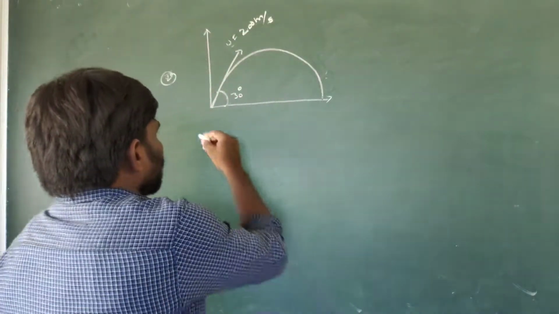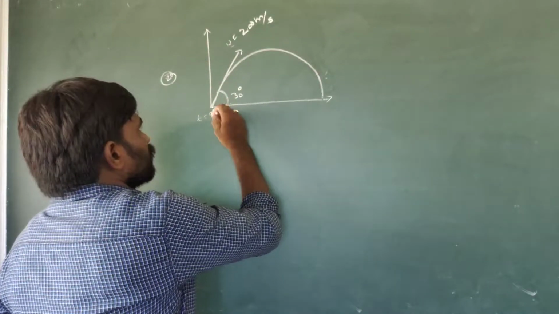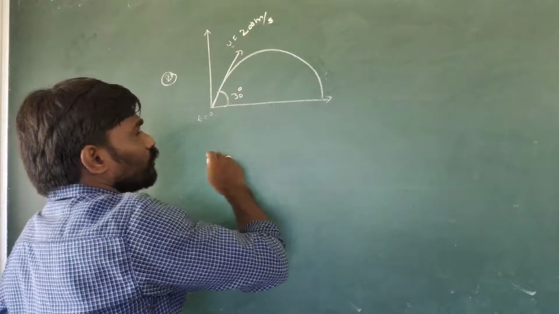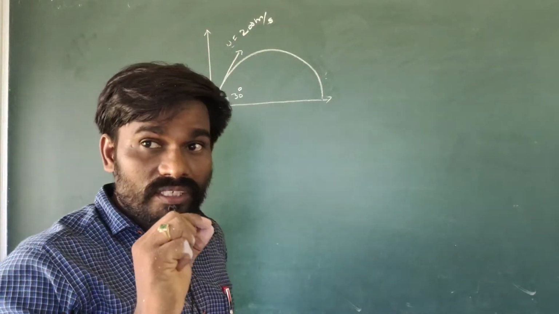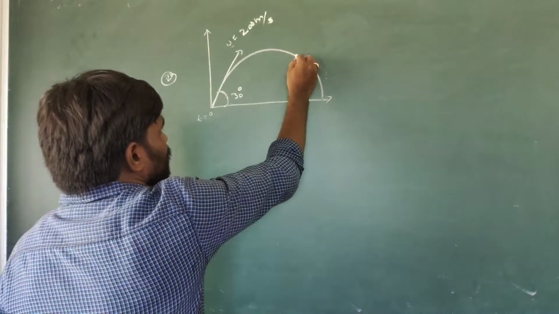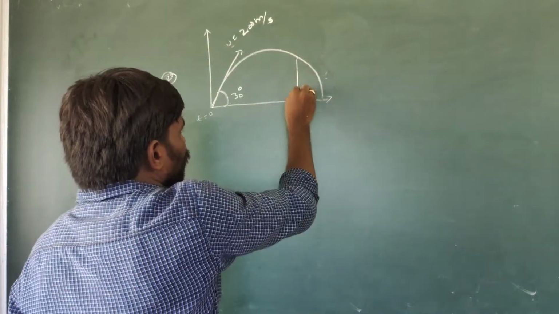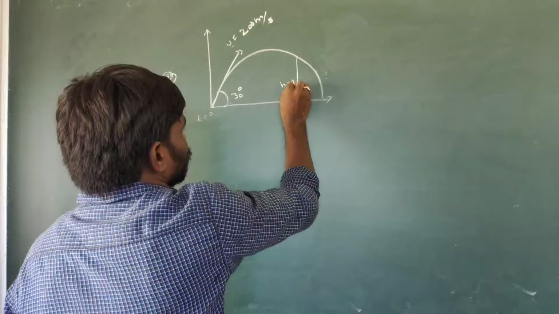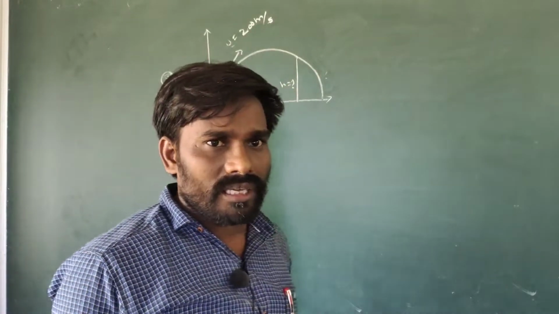At time t equal to 0, the body is thrown with velocity u equal to 200 meters per second, and after 5 seconds it reaches another place. Find the height of the body.